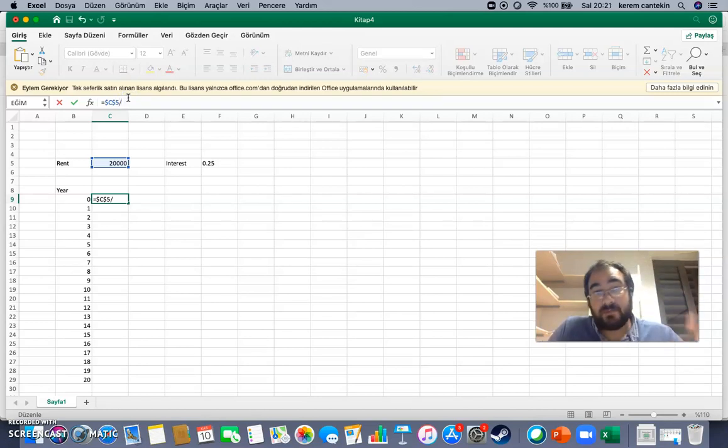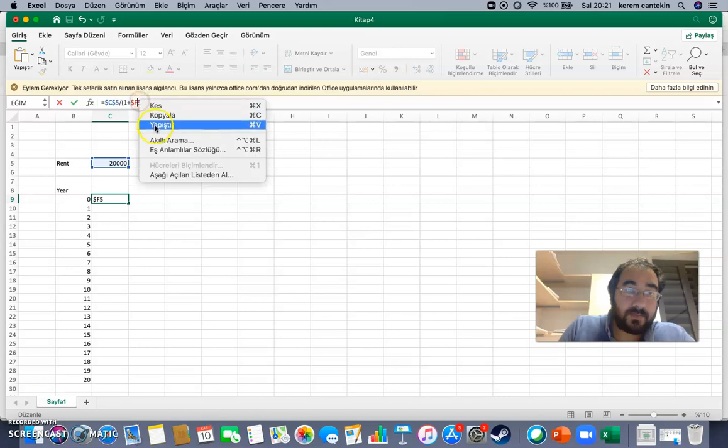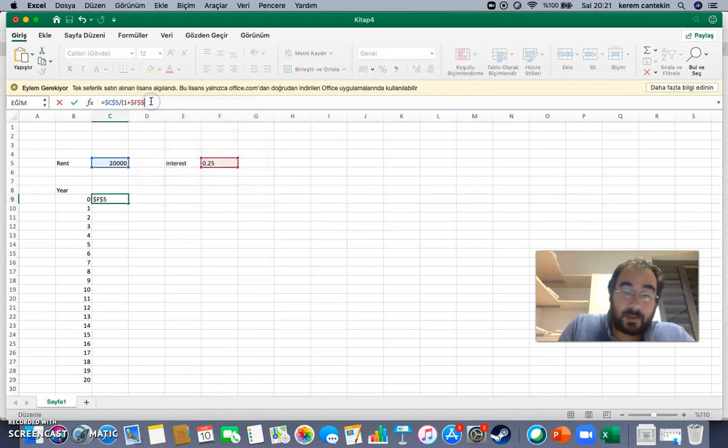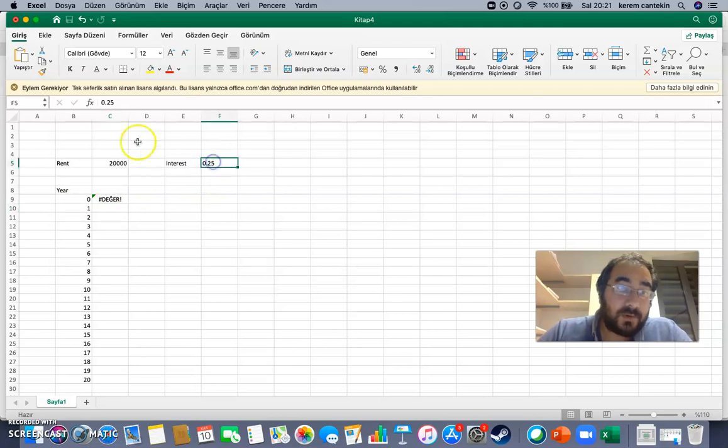As we move down, it won't go down and take value from another cell. And then we should divide it by 1 plus the interest rate. The interest rate itself will be fixed, so we should put dollar signs also here. But we will take the power of this, and the power will be the number of years. Of course, this should be a comma.